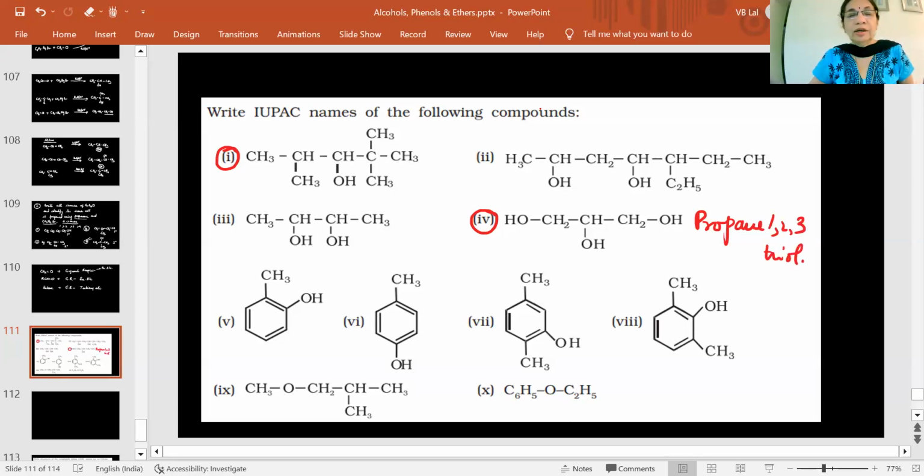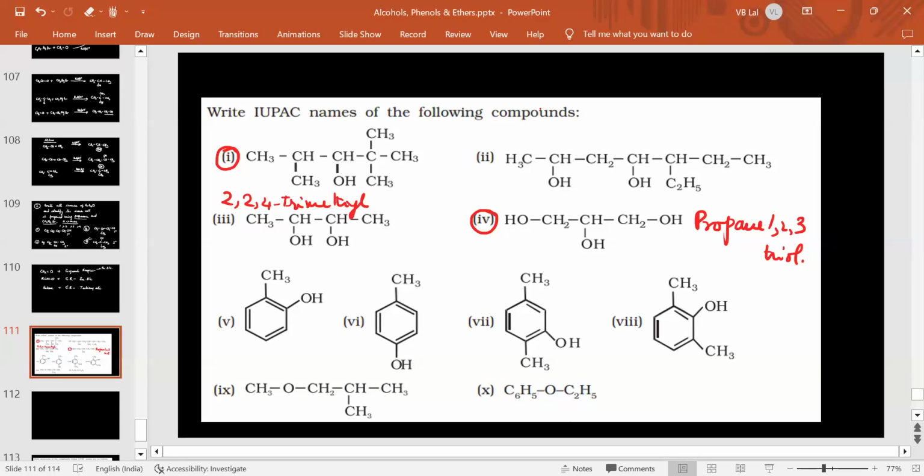Okay. Hari Raghav. Sec pentyl 2, 2, 4 trimethyl alcohol, miss.